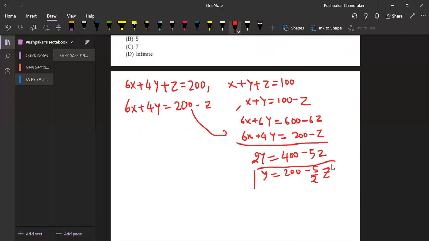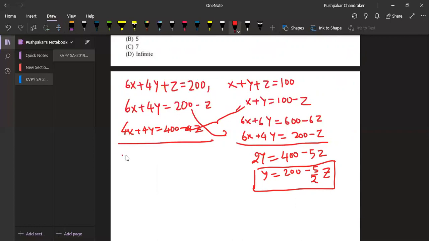Same way we have to find x also. So this first time we eliminated x, next time you can eliminate y. So multiply this equation by 4. So you can write here 4x plus 4y equals 400 minus 4z. Subtract both equations, these two.